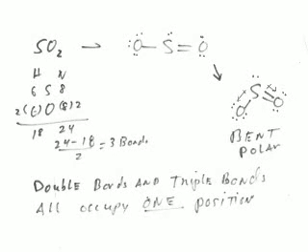So let's consider some other molecules we've run into, like carbon dioxide and sulfur dioxide. If we look at sulfur dioxide, we have to go through the Lewis dot structure, and we find out that the sulfur ends up with a lone pair, a single bond to one oxygen, and a double bond to the other oxygen. So we have four pairs of electrons around the sulfur, and four pairs of electrons would like to go into a tetrahedron.